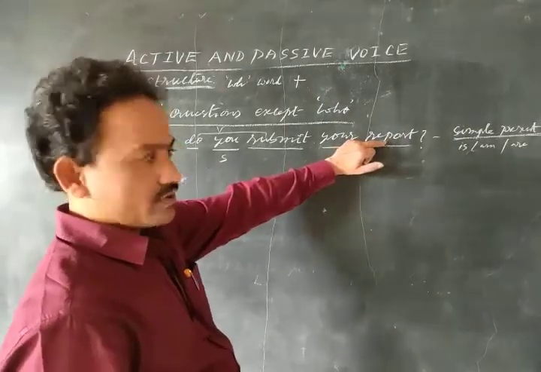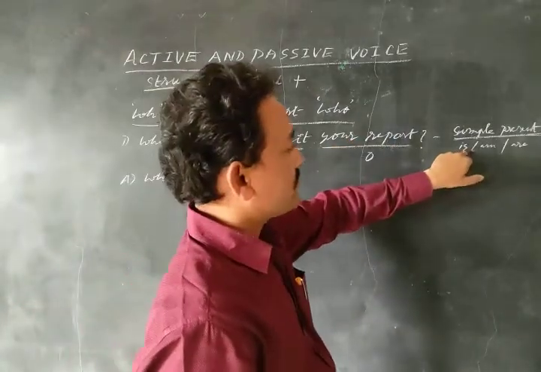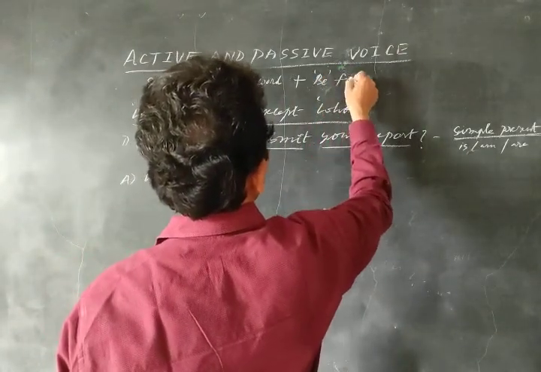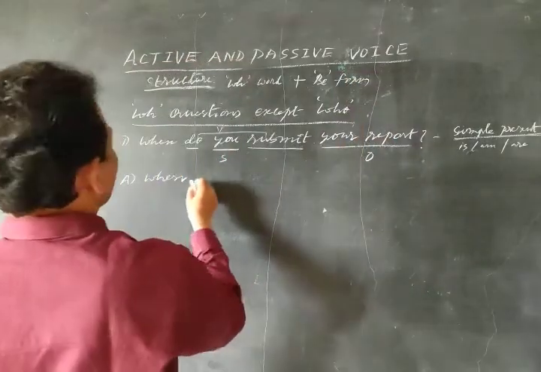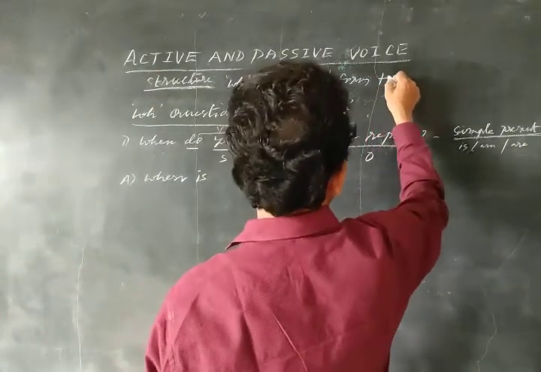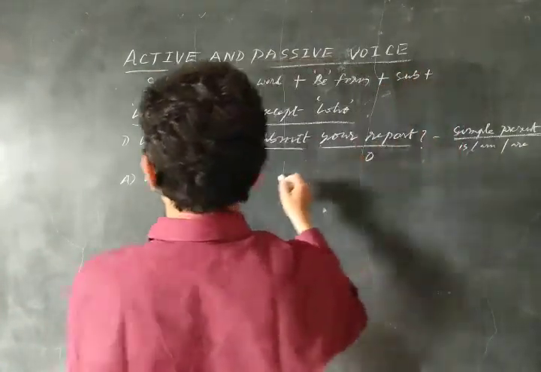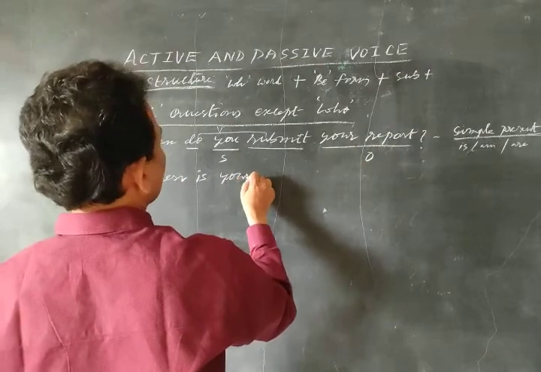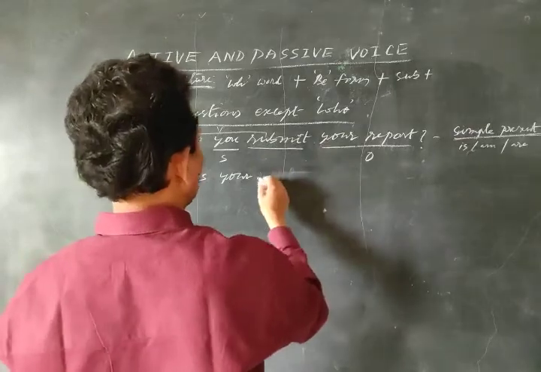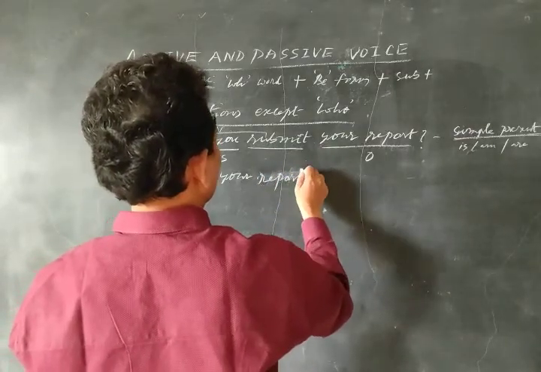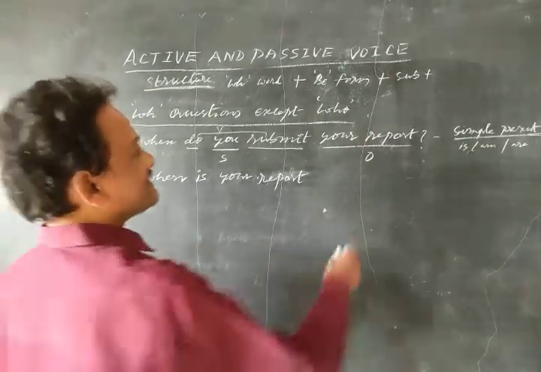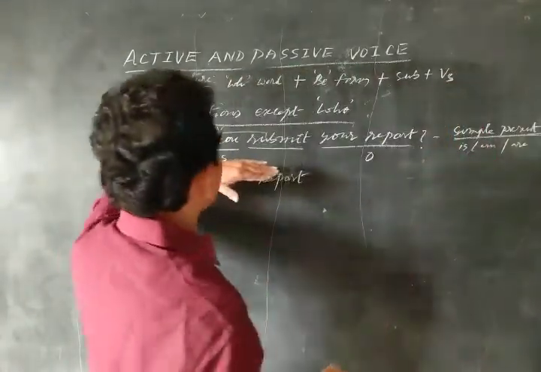Here your report. This is singular, so be form is. First be form. When is your report? That means the subject here. When is your report? V3, next V3. What is the verb here?